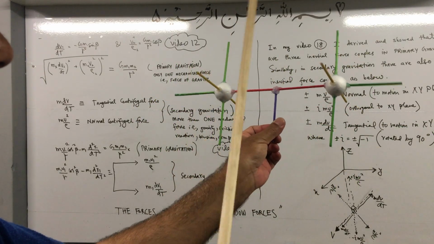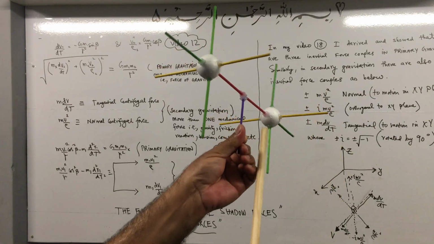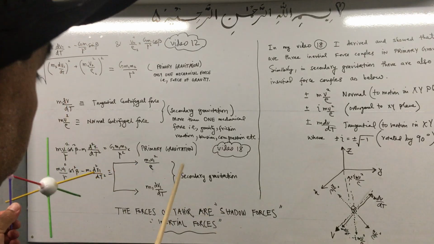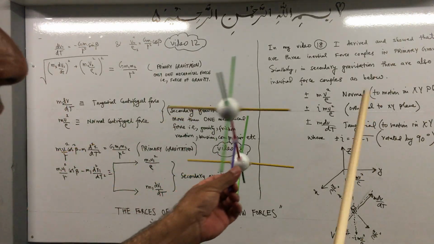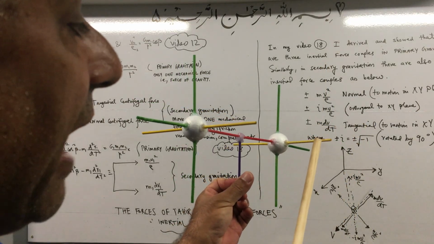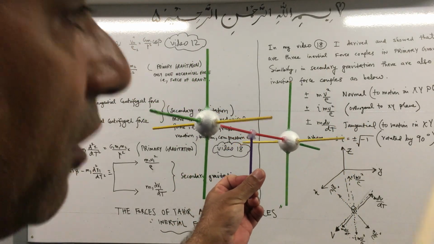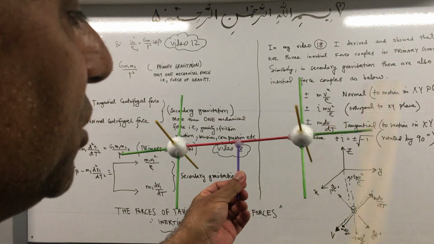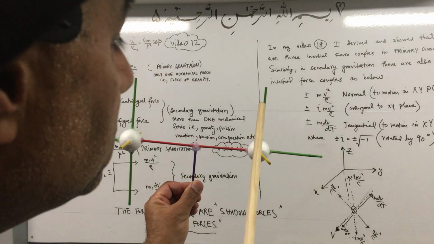And this one is a redundant couple. It is neither used in binary star systems nor in secondary gravitation, so I made it yellow. This force is mv square cos beta sine beta over r. Similarly, mv square cos beta sine beta over r for these two forces. Okay, so this force is this force.